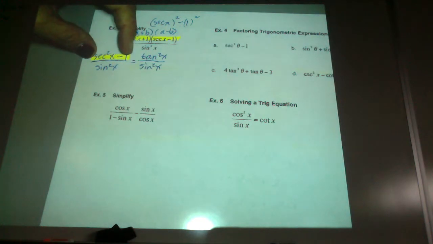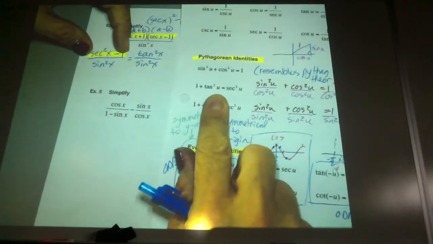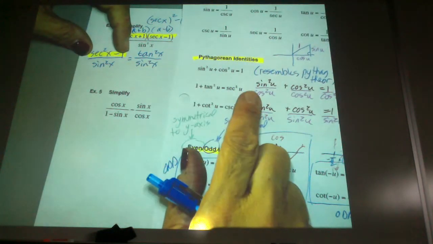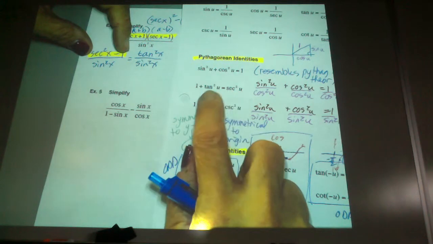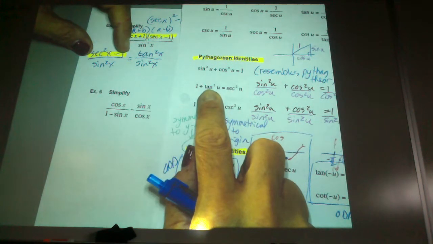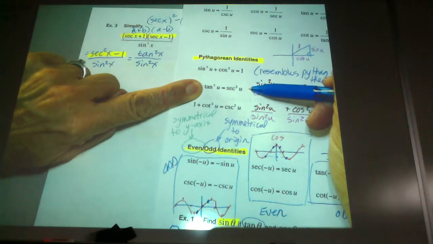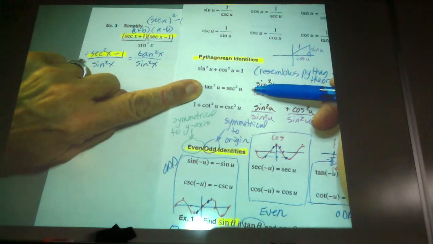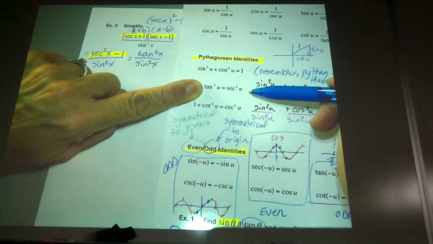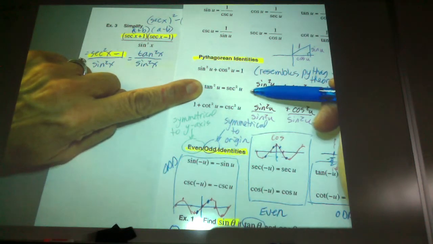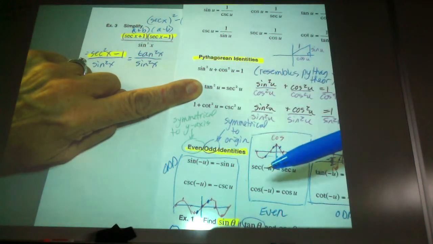What happened to minus 1? Remember this entire value? I changed this formula here. I subtracted the 1, so the entire value secant squared minus 1 equals tangent squared. So when I change that and put the minus 1 over here, doesn't tangent squared equal secant squared minus 1? So I can replace, and I have to replace secant squared minus 1 with what its value is, tangent squared.